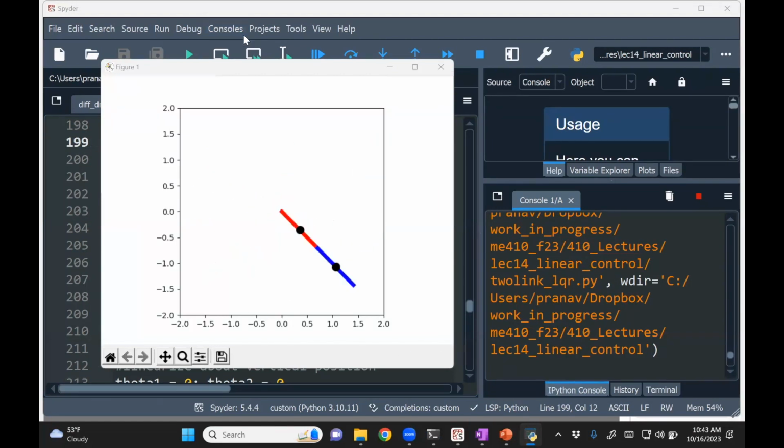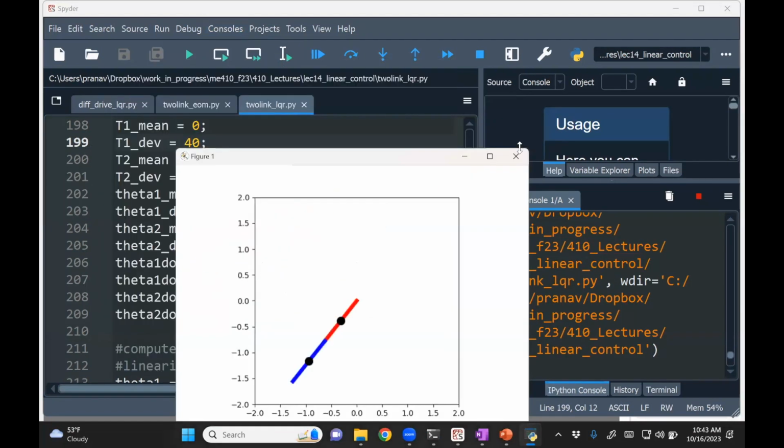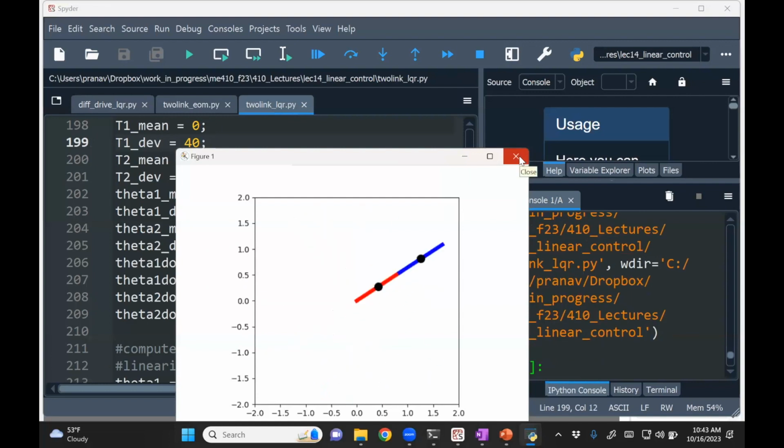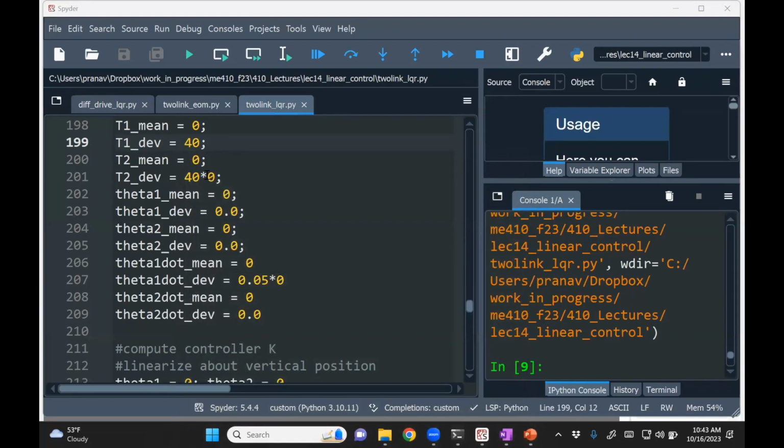But that's not stable. Yes, that's clearly beyond the region it can stabilize. We can try something smaller. Oh, this is the first link, correct? The first link is going to be a difficult one because there's no actuator. But let's try on the second link.